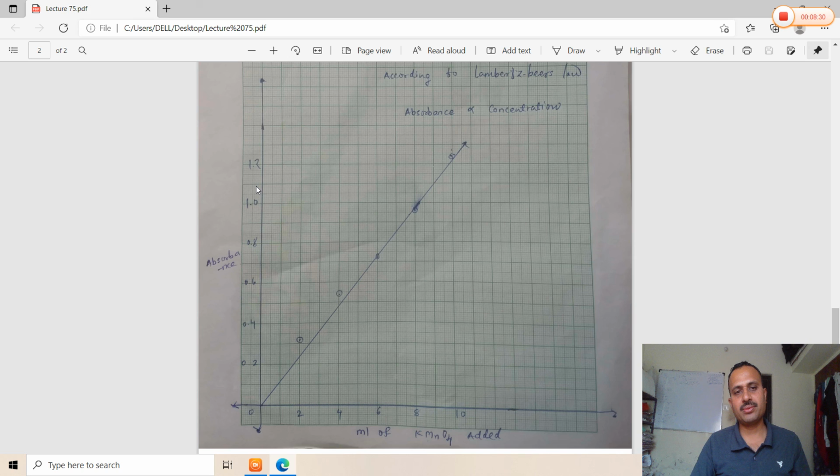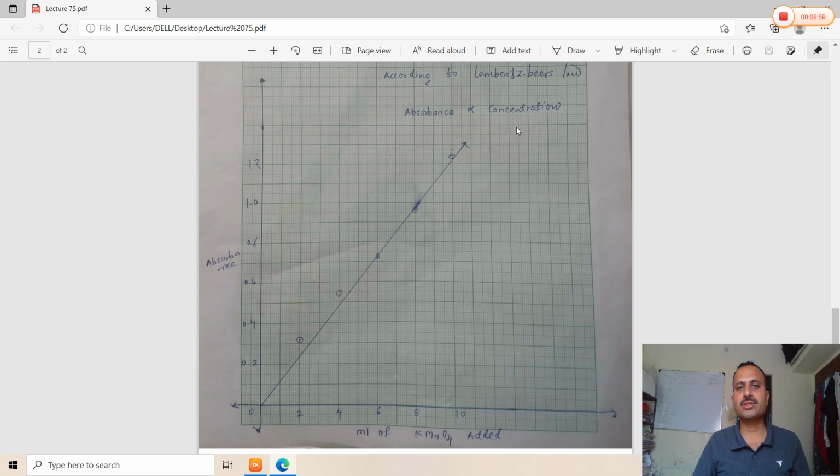Accordingly, the nature of the line is nothing but that absorbance is directly proportional to concentration, and that is the statement of Lambert-Beer's law. From this experiment it is concluded that absorbance is directly proportional to concentration, according to Lambert-Beer's law.